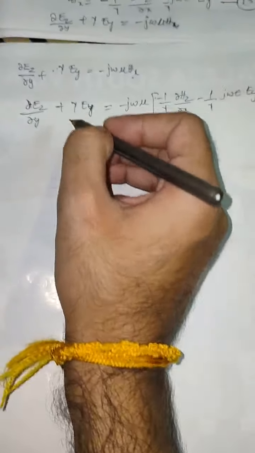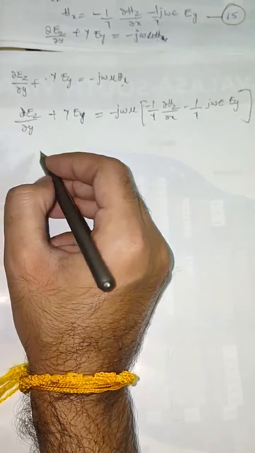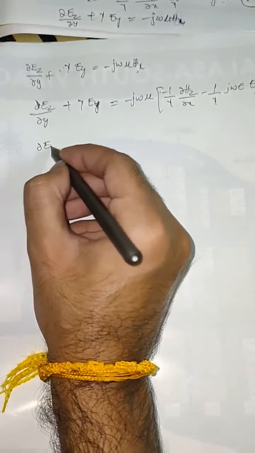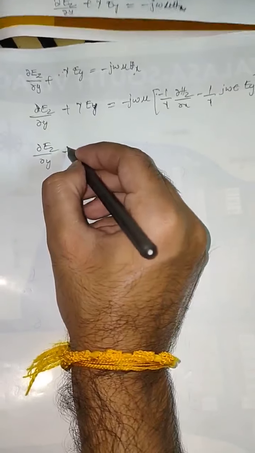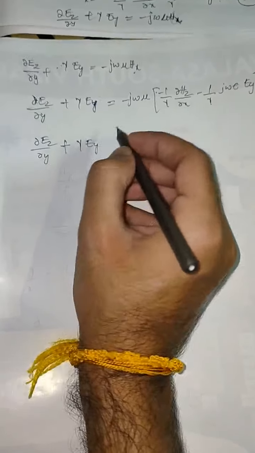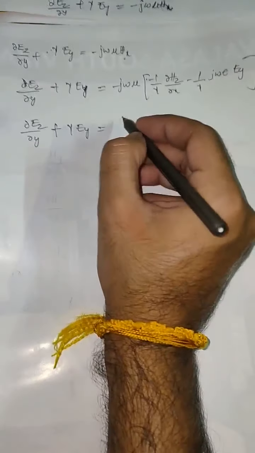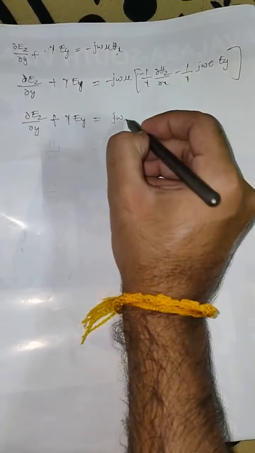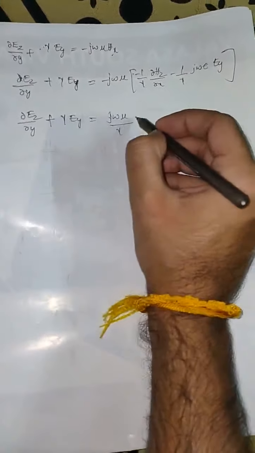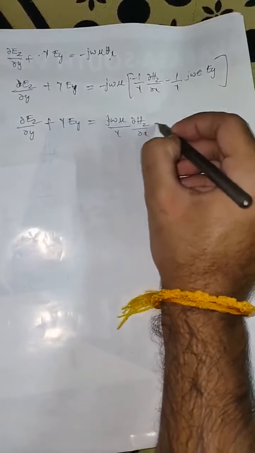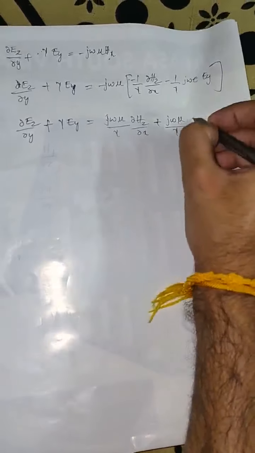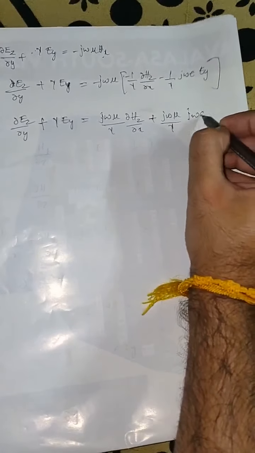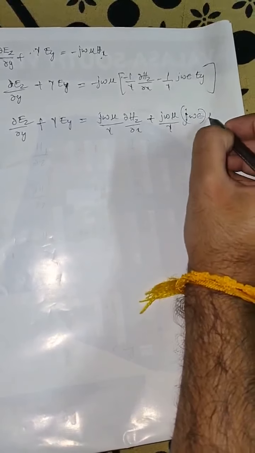So from this value you want the Ey value. So ∂Ez/∂y plus γEy. So you should multiply this value. So jωμ/γ ∂Hz/∂x plus jωμ/γ jωεEy.